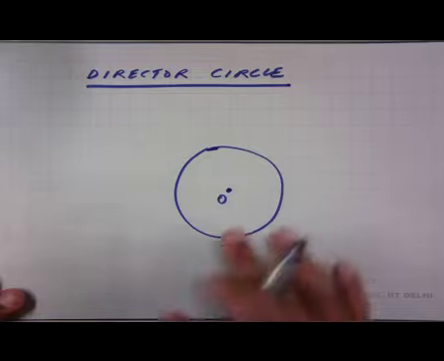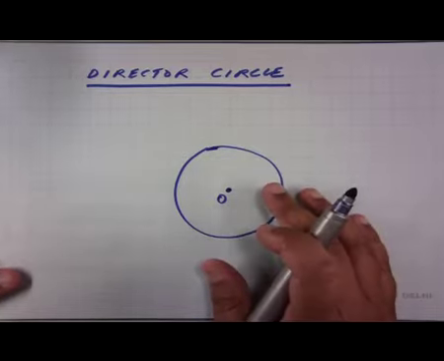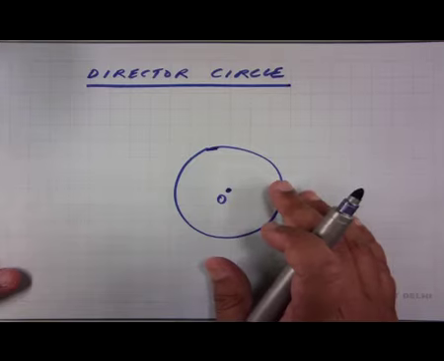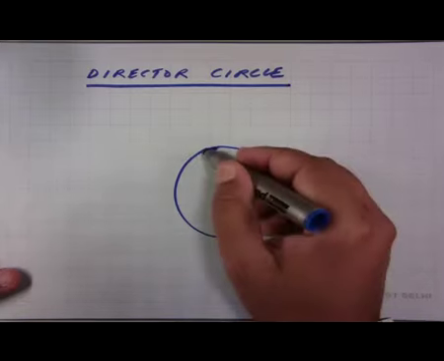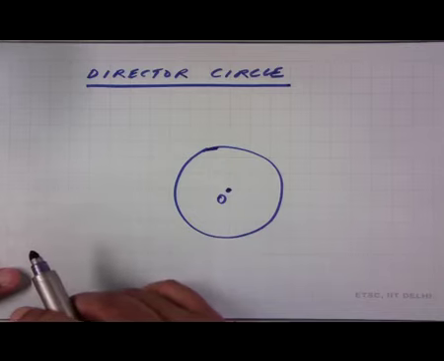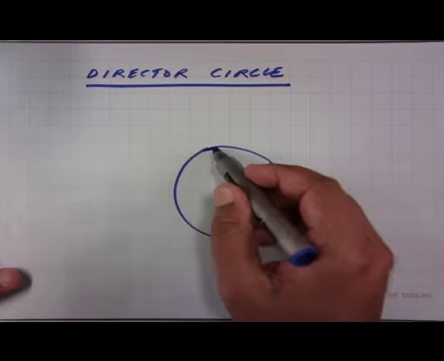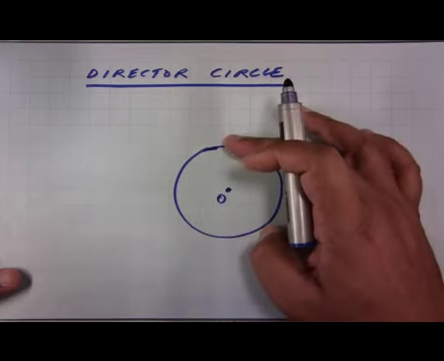Given this circle, let us think about the locus of all those points which lie at the intersection of two tangents to this circle which intersect at 90 degrees.